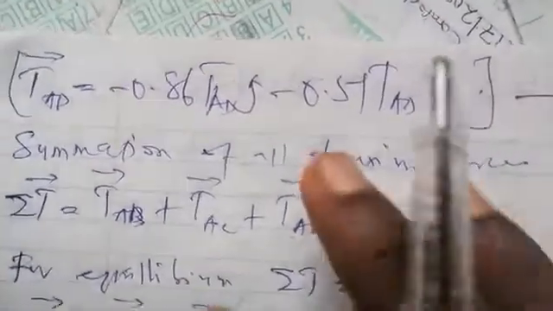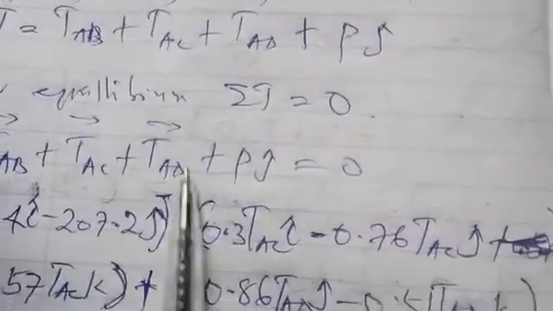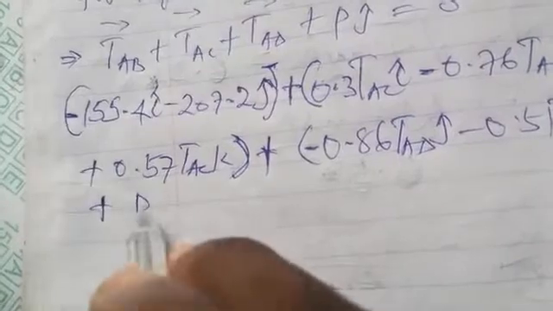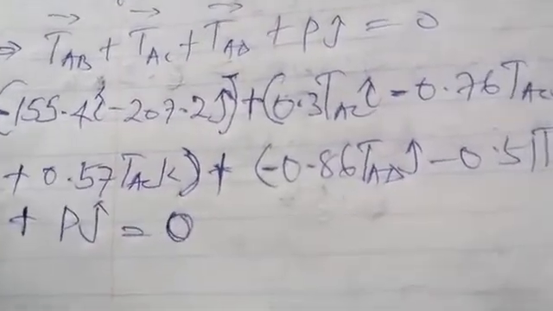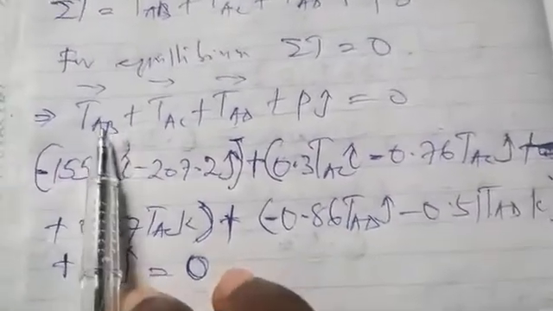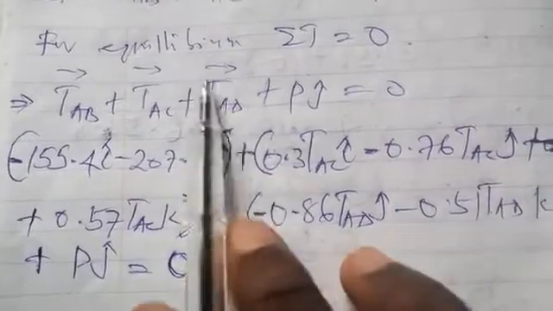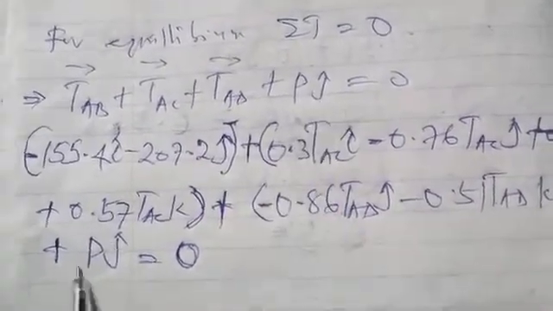So we'll have minus 0.86 TAD J minus 0.51 TAD K. That's the tension in cable AD, then plus PJ, and that's equal to 0. So all we did was TAB, which is this, plus TAC, which is this, plus TAD, which is this, plus PJ, equal to 0.